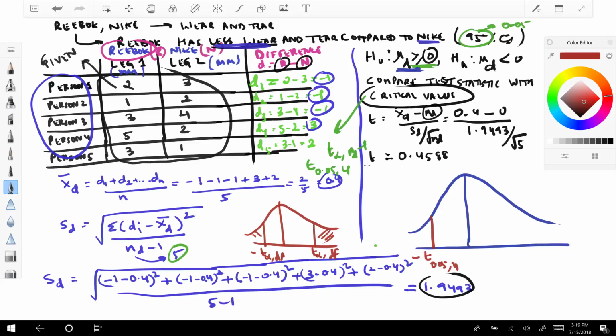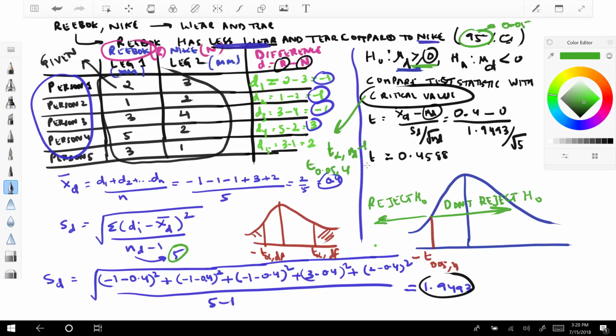So anything above this line, don't reject H null. Anything to the left of this line, the critical value, is reject H null.